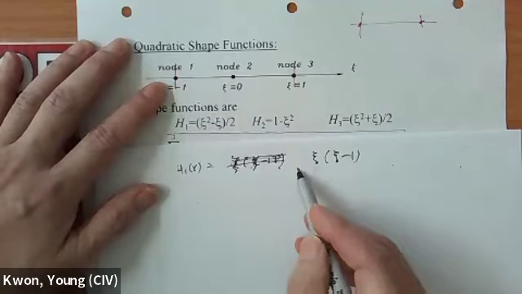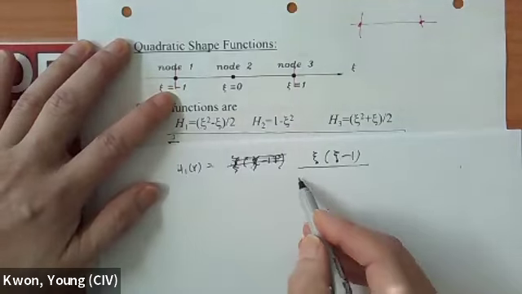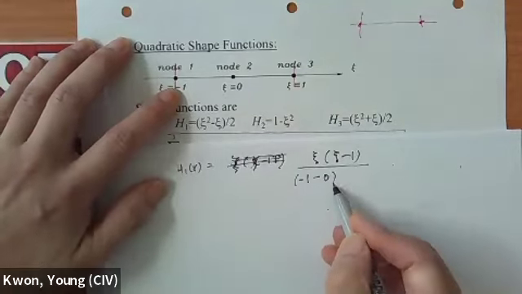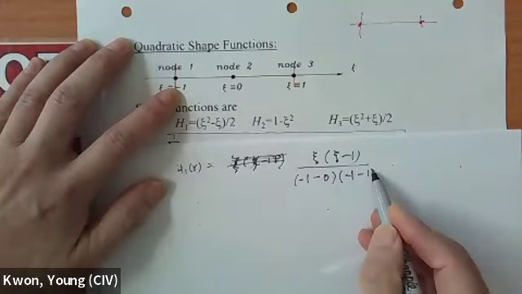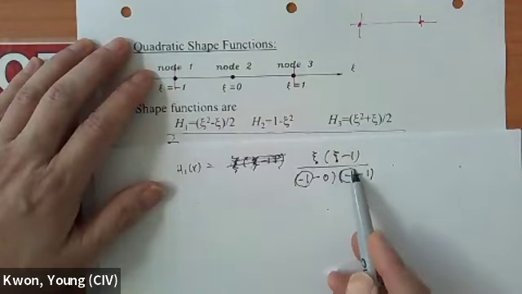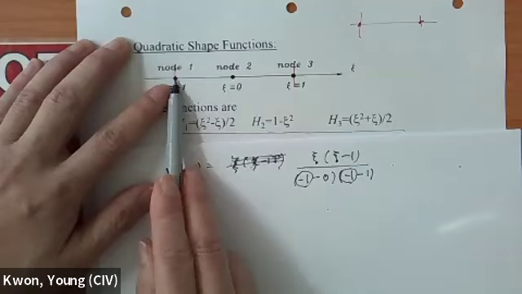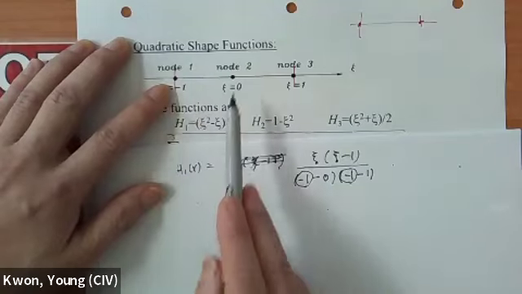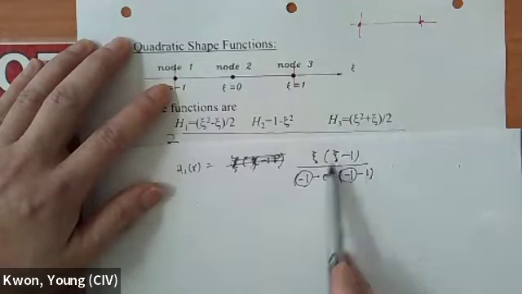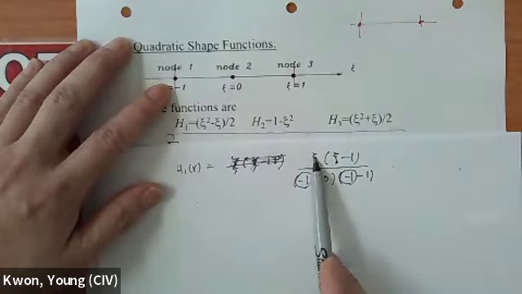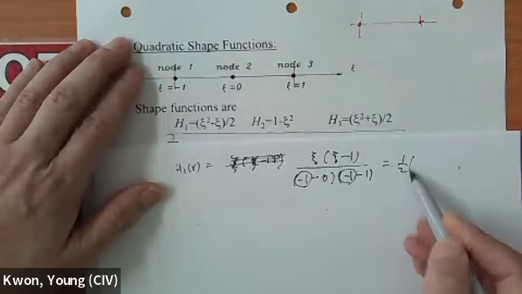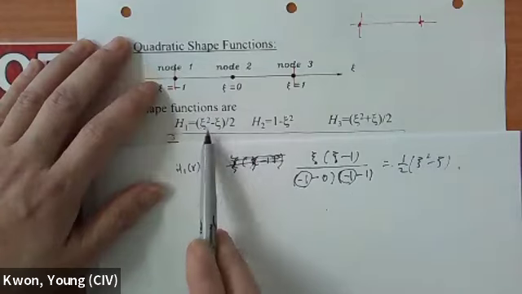So how do I do that? That's going to be -1, that value, minus 0, and -1, -1. So in other words, this is the nodal point of this one, and those are the nodal points of this one and that one. So when this is going to be -1, then it's going to be 1. In other words, -1 minus 0 is this one, and -1 minus 1 is equal to that one. So which is going to be nothing but 1/2 c squared minus c, same as that one.